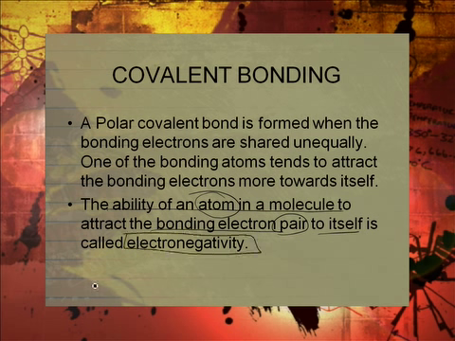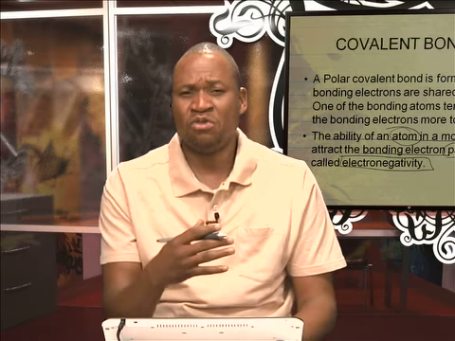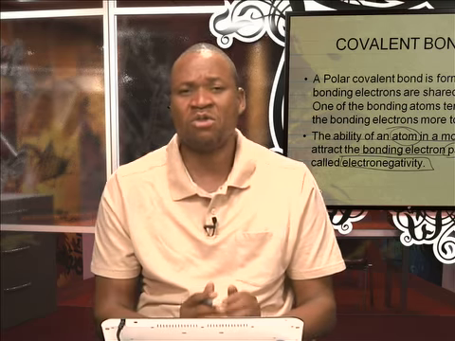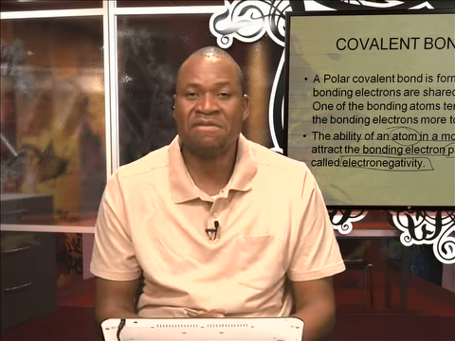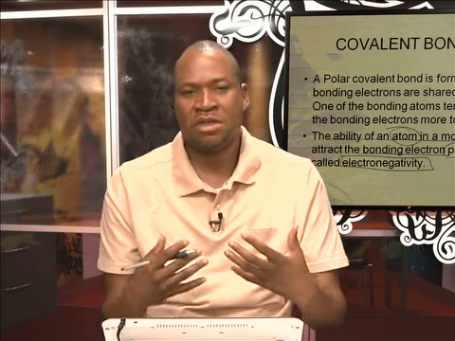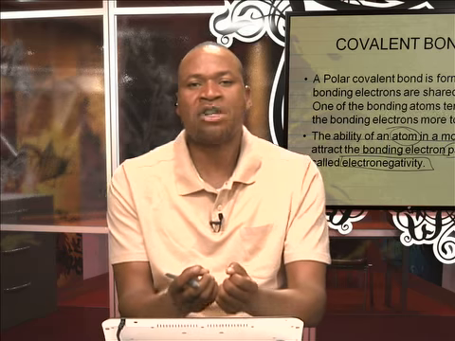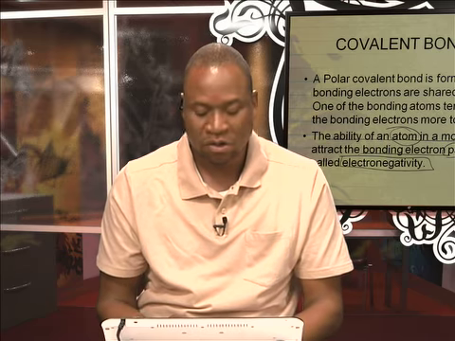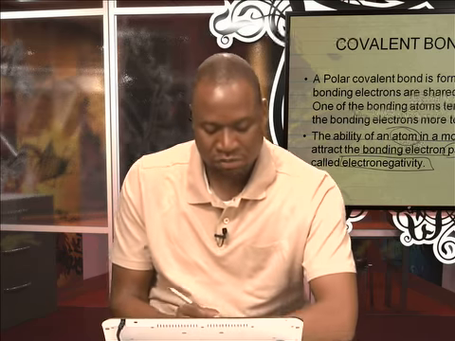And if you look at your periodic table, you will see those numbers 2.0, 2.1, whatever, those are electronegativity values, and those tell us how much an atom is going to attract the bonding electrons between itself and other atoms.